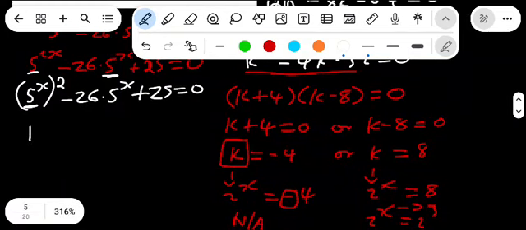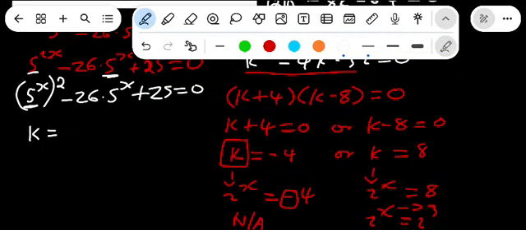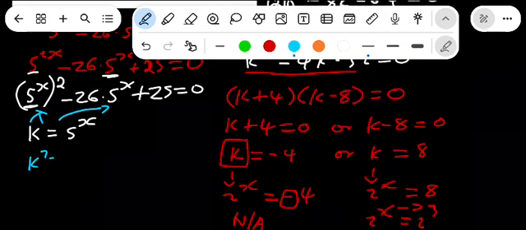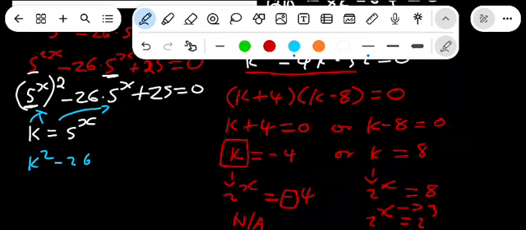Therefore we can let k be equal to 5 raised to the power of x. Then we substitute k there, so we have k squared minus 26k plus 25, and this must be equal to 0.